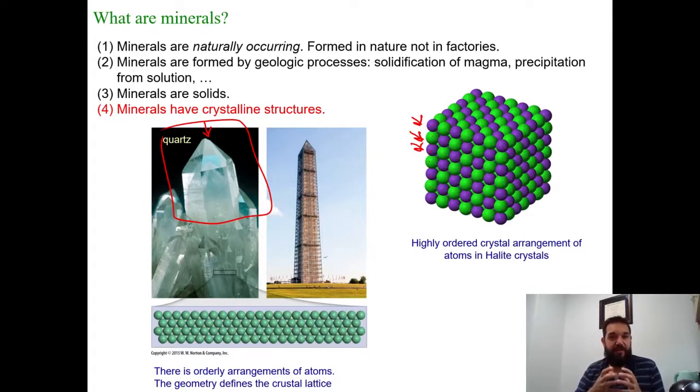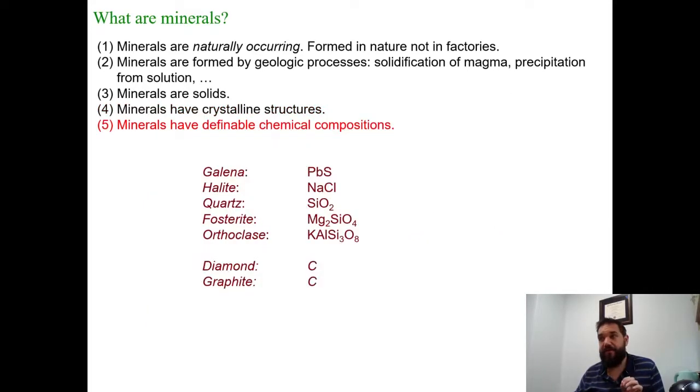That means you can see with your eyes, hold in your hand. So that's the crystal structure. Every atom has a place, and there's a place for every atom in a mineral. Okay. The last thing is that minerals have to have a definable chemical formula. So you have to be able to define its chemical composition with a formula.